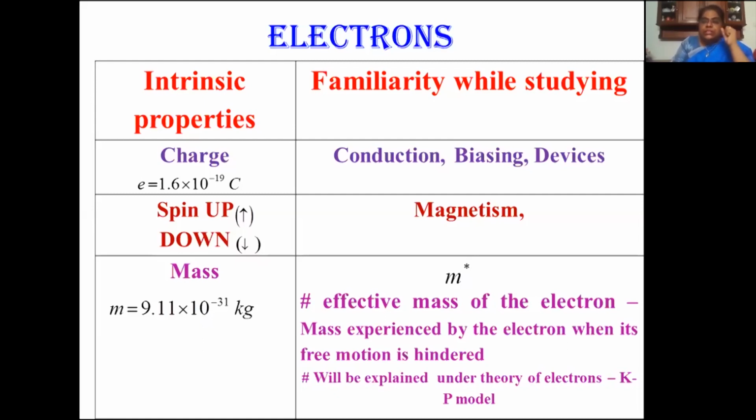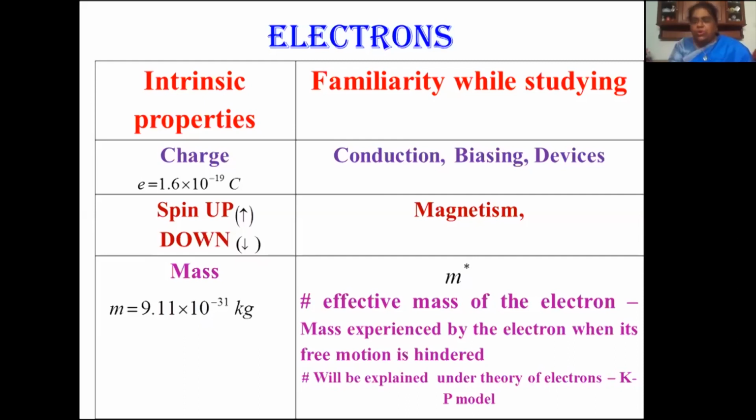The effective mass is the mass experienced by the electron when its free motion is hindered. I will explain this when I do the k.p model, but you should understand the mass can be represented differently, though actually its mass is the same. This concept is used to adjust the potential.